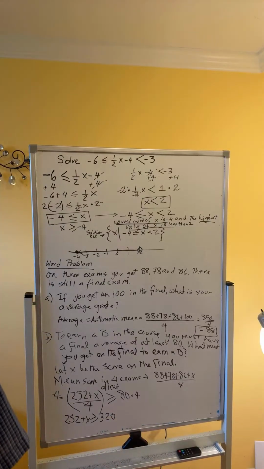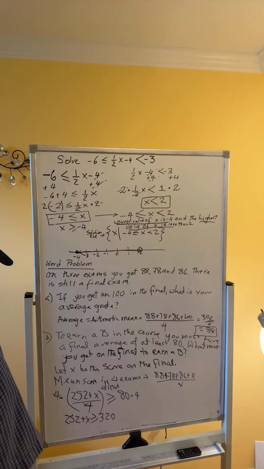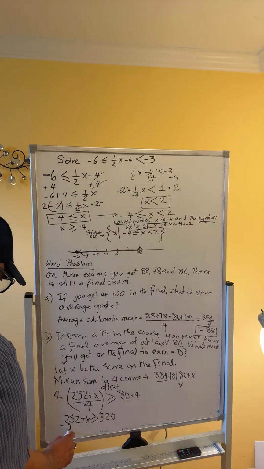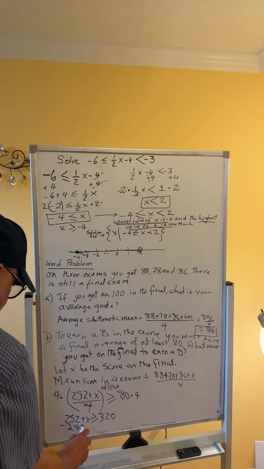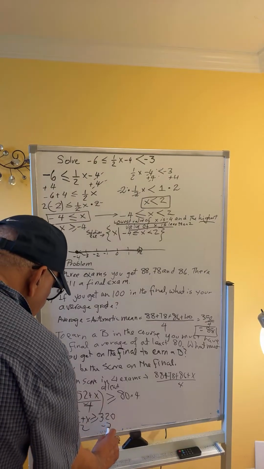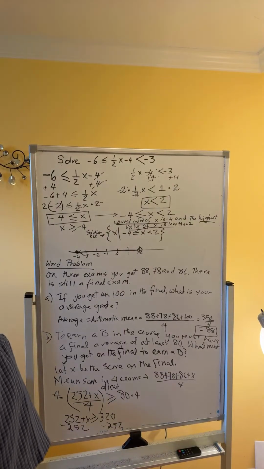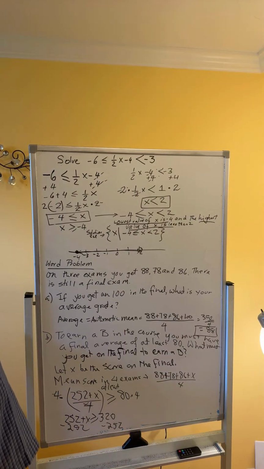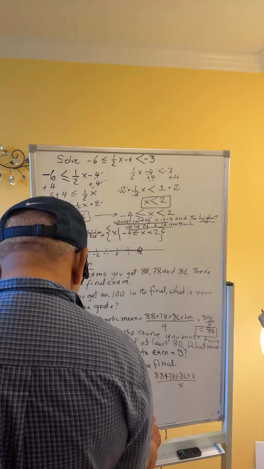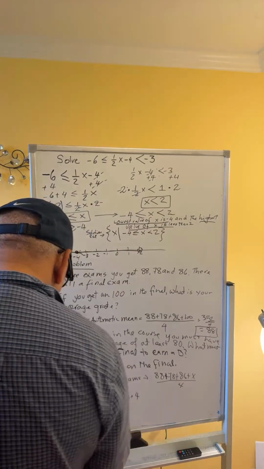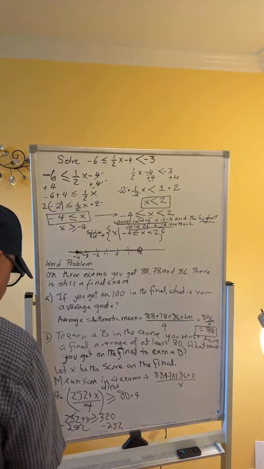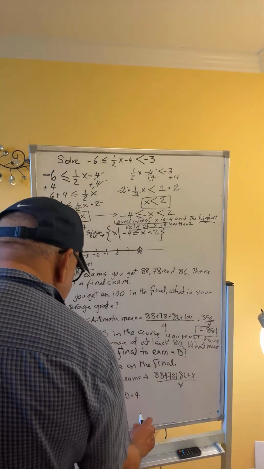Now you have to solve for X, so you have to remove the constant term from the left hand side. 252 is smaller than 320, so you subtract 252 on both sides. 252 subtracted from 252 on the left hand side cancels out.